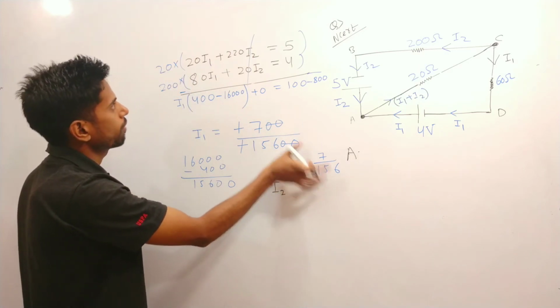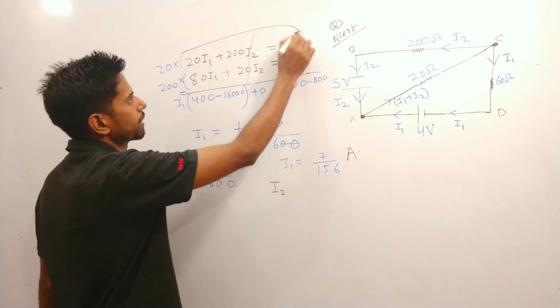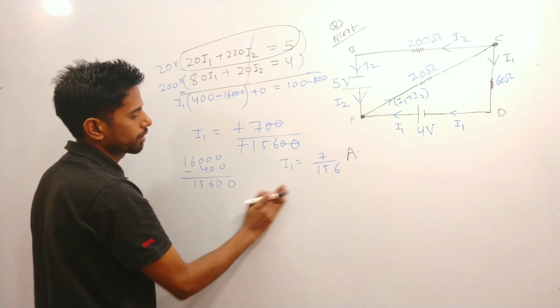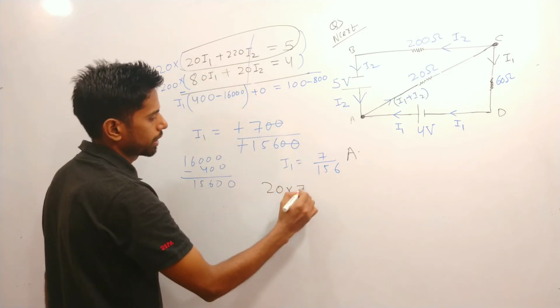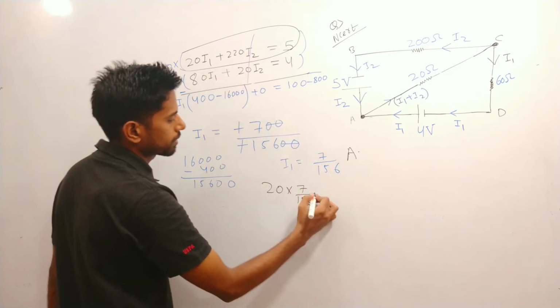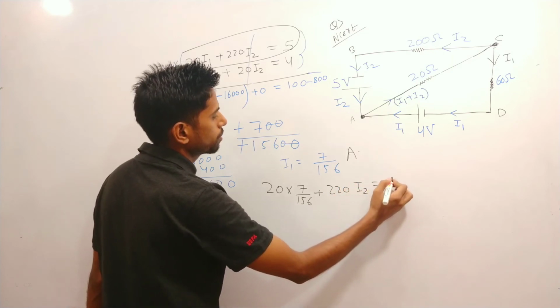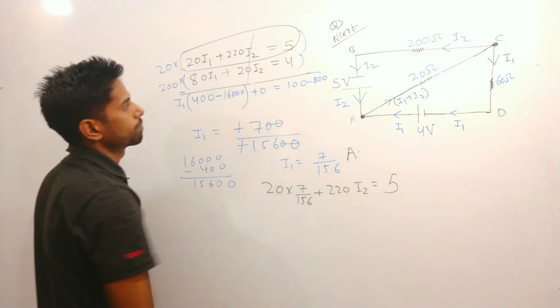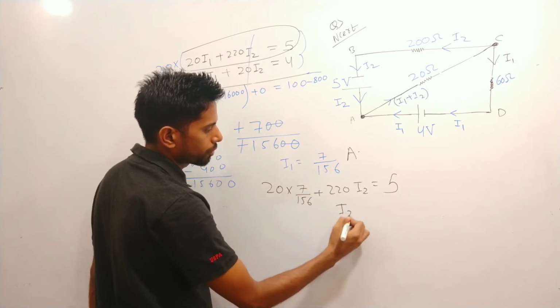You put this value of I1 in any equation, either this equation or this equation. So I will put here 20 into I1, the value of I1 is 7 upon 156, plus 220 I2 is equal to 5. If you solve, you will get the value of I2.